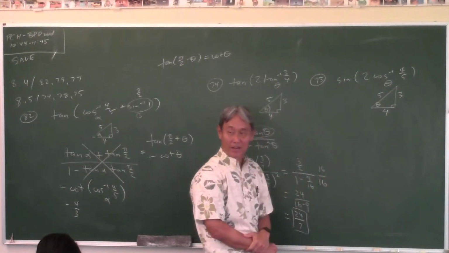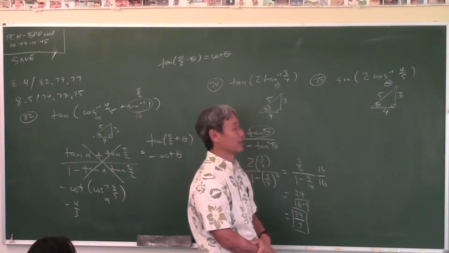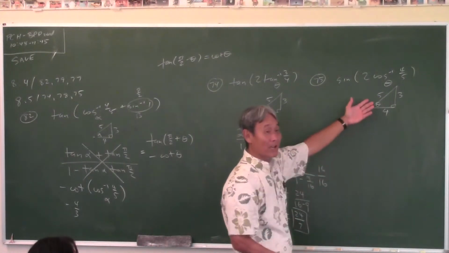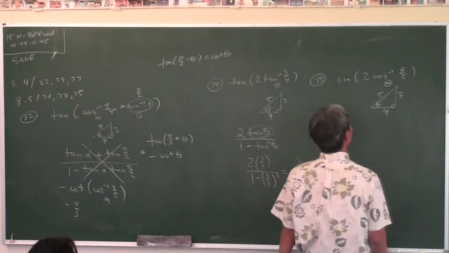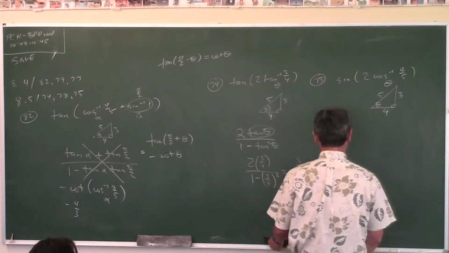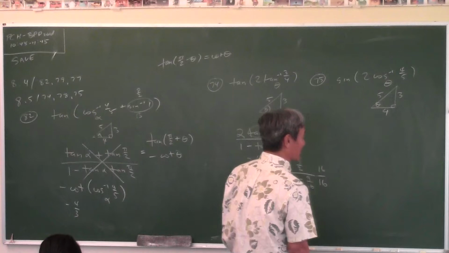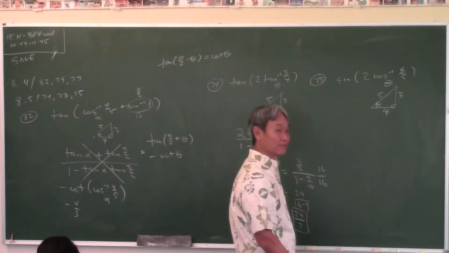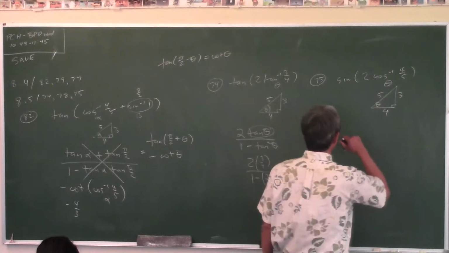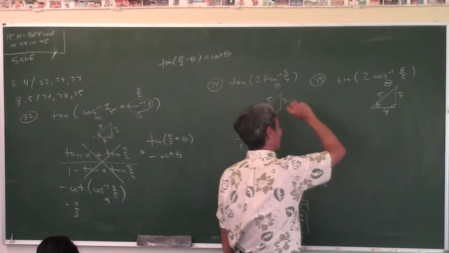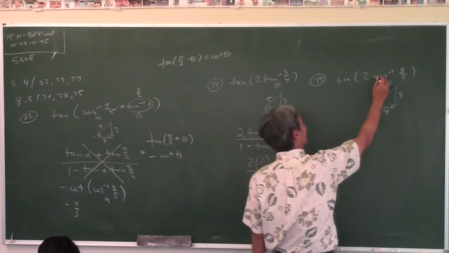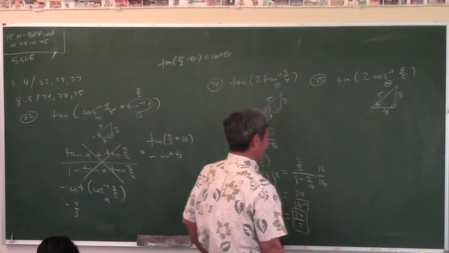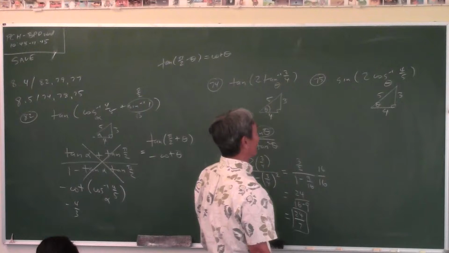Does that sound familiar from Friday? Okay, but is that correct? Oh, wait a minute. It is. Okay, never mind. I thought this said tan inverse. Okay, so this is 3, 4, 5.